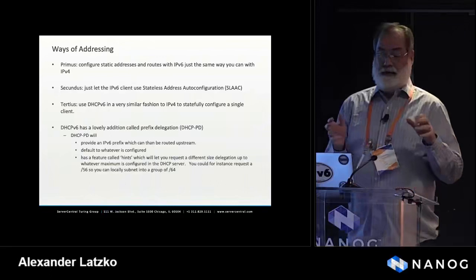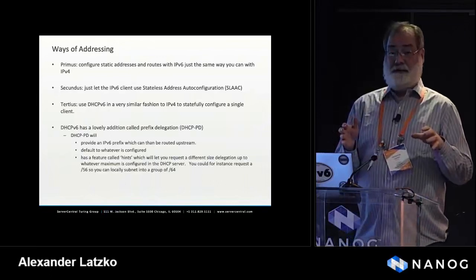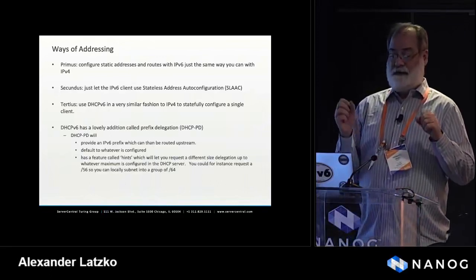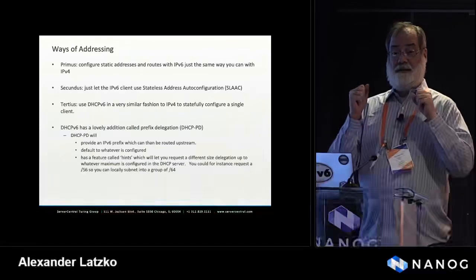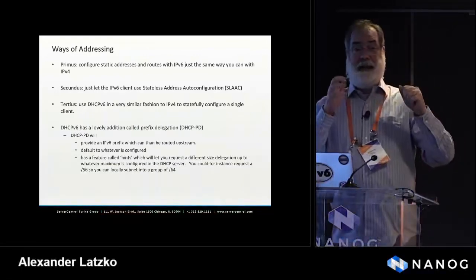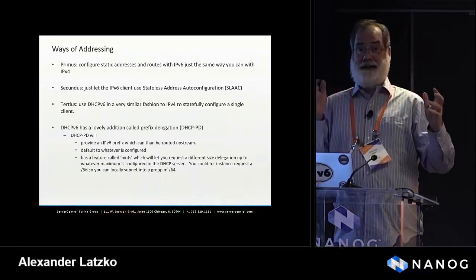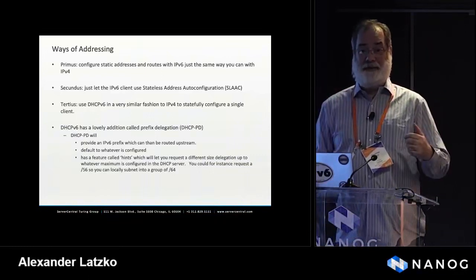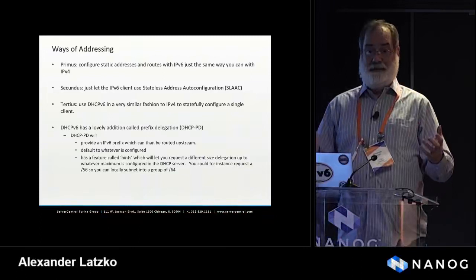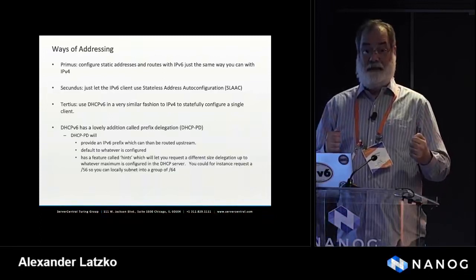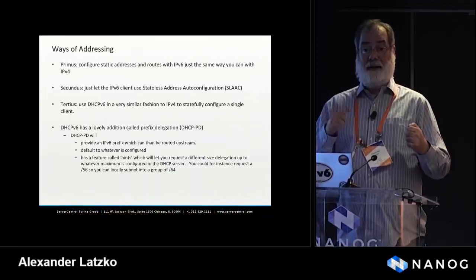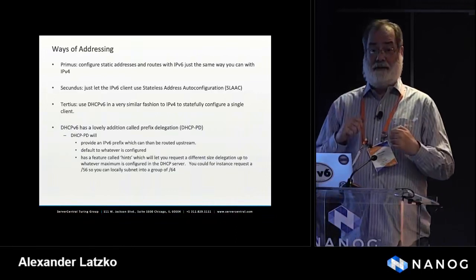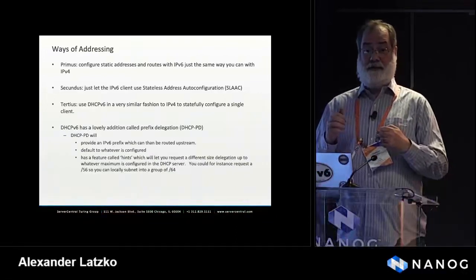Okay. The cool thing that DHCP v6 does is you can say, hey, I'm a subnet. Tell me what my subnet range is. And it'll give you a prefix. Nifty? Even better, you can ask it for bigger than a /64 using something called a PD hint.